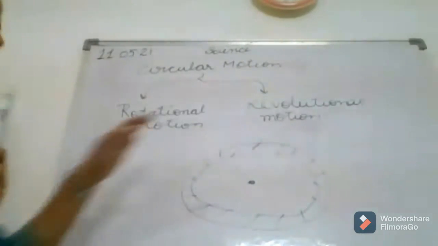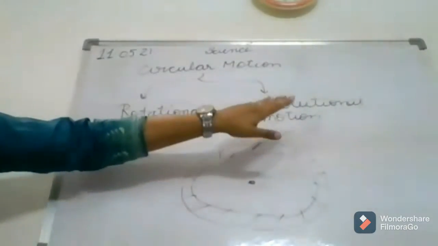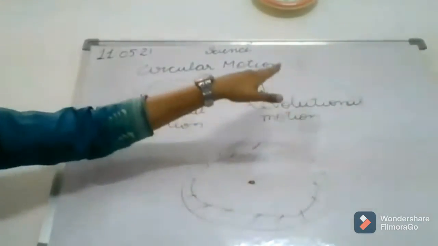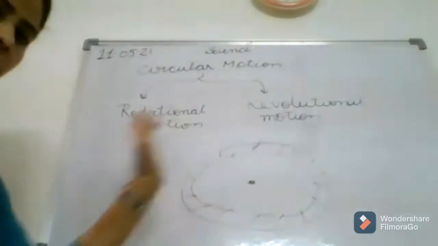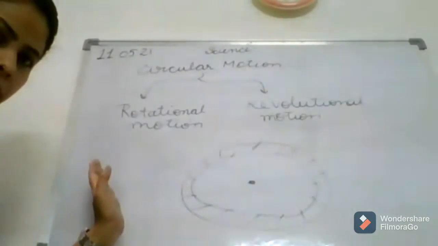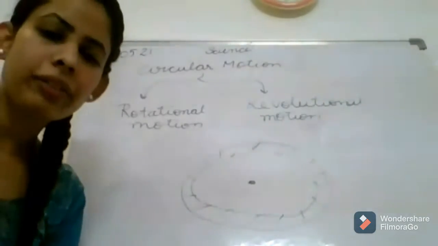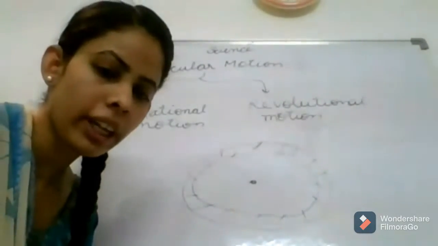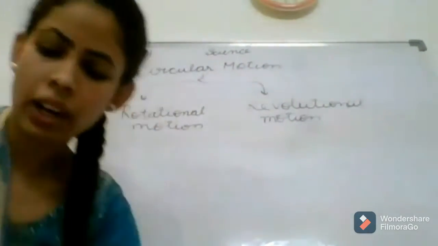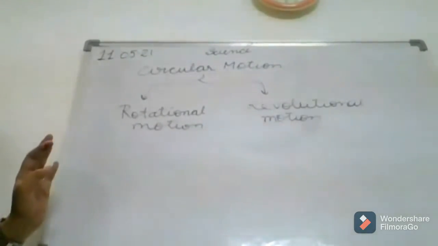And in revolutional motion, the whole object is moving around a fixed center. Difference is clear to you all? If there is any doubt, you can raise your hand. Otherwise, please lower your hand. Now the revolution and rotation is clear to you all.